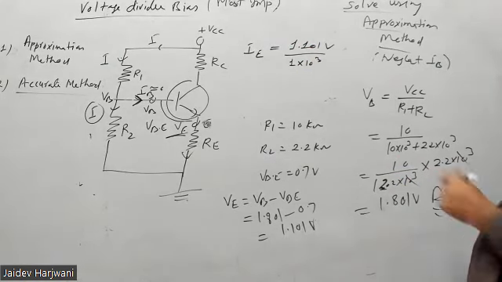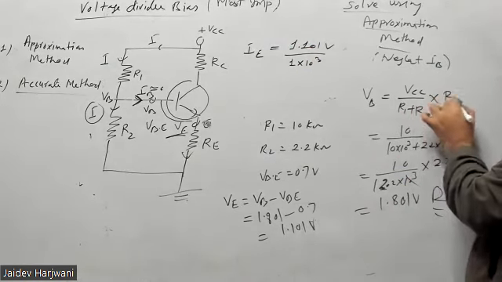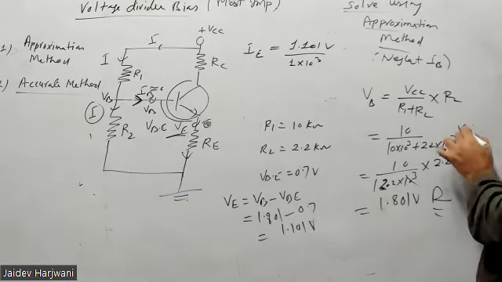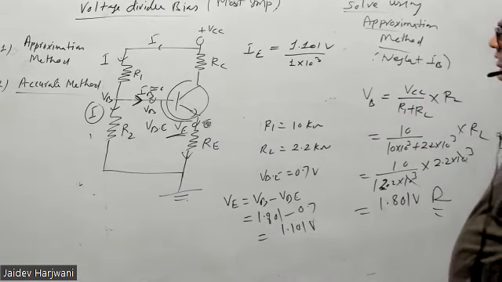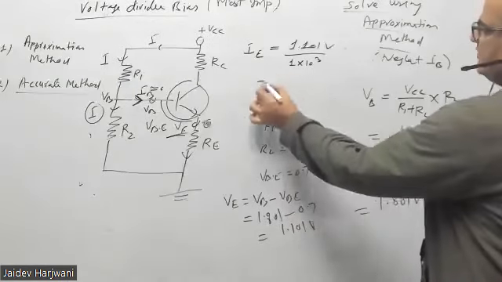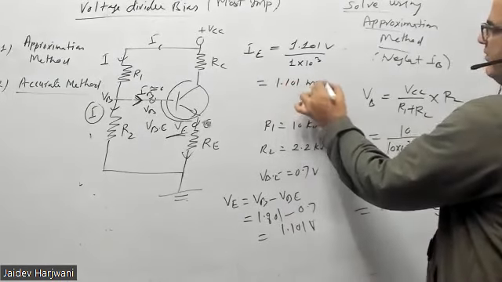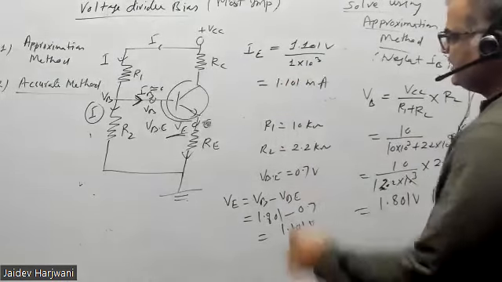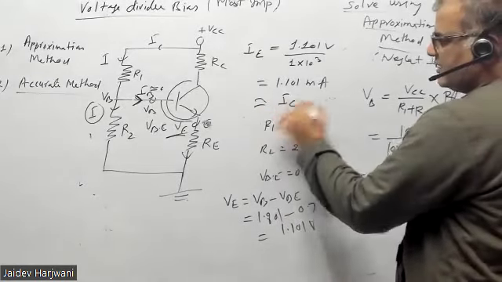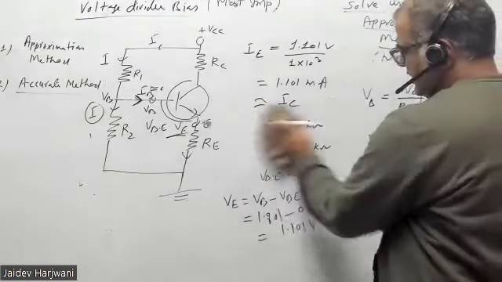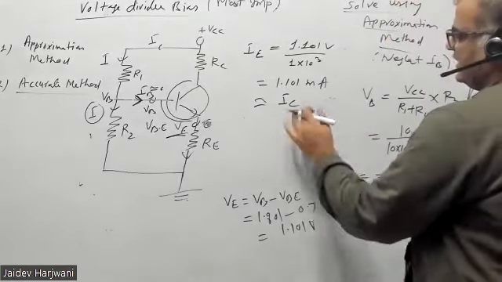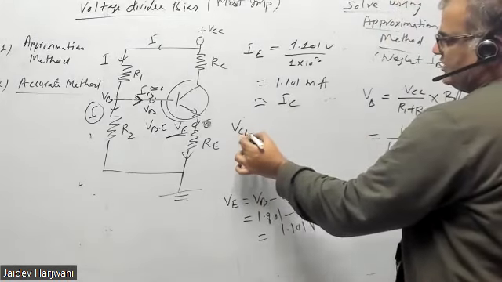Now this will be 1.101 milliampere, and this I can take equal to IC.